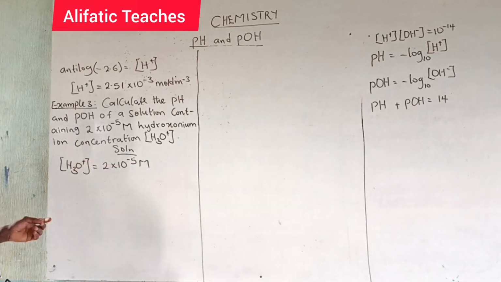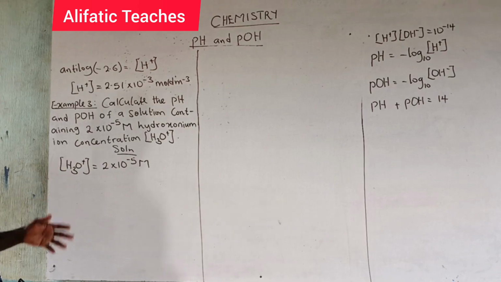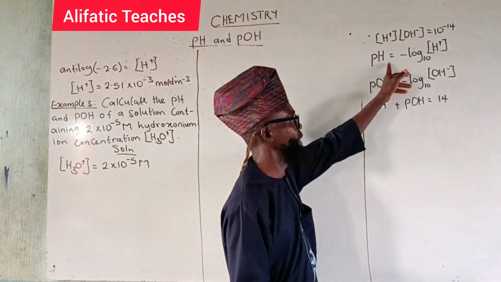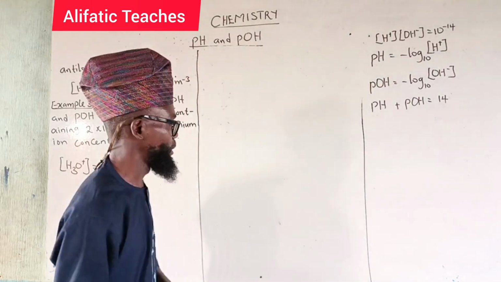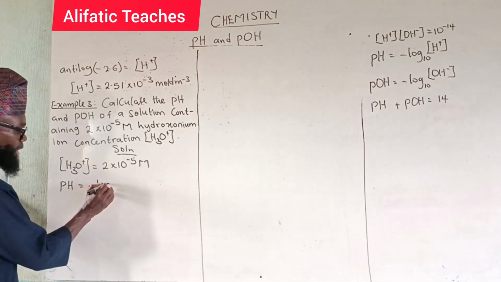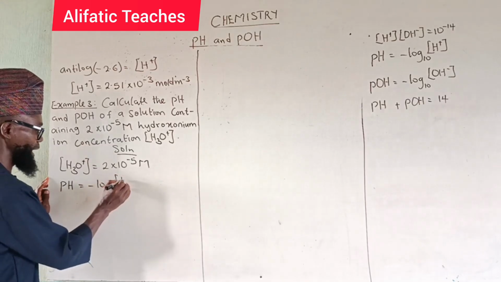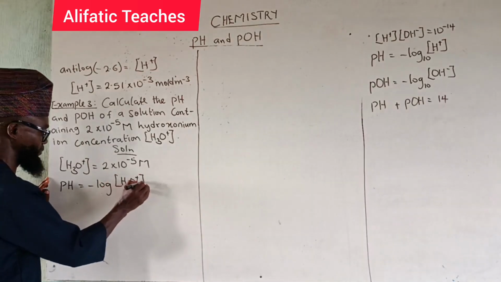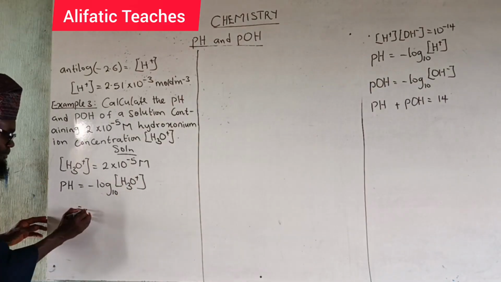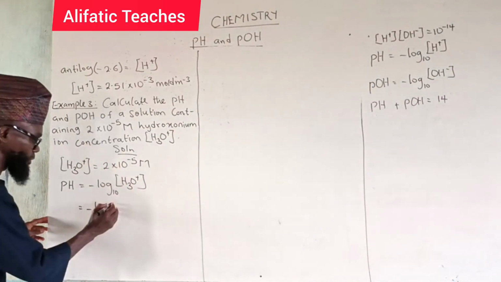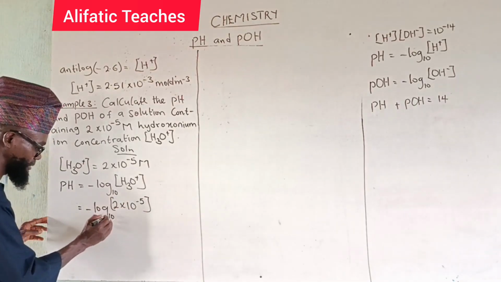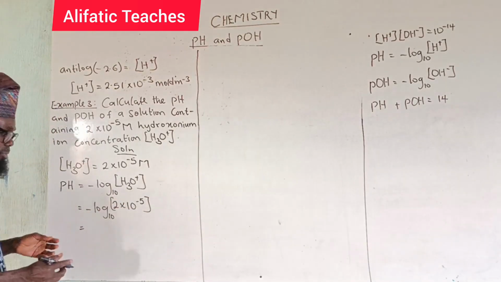We have to find the pH. The pH of hydroxonium ion is the same as the pH of the hydrogen ion, so pH equals minus log of H3O positive to base 10, which is minus log of 2 multiplied by 10 to the power minus 5 to base 10.